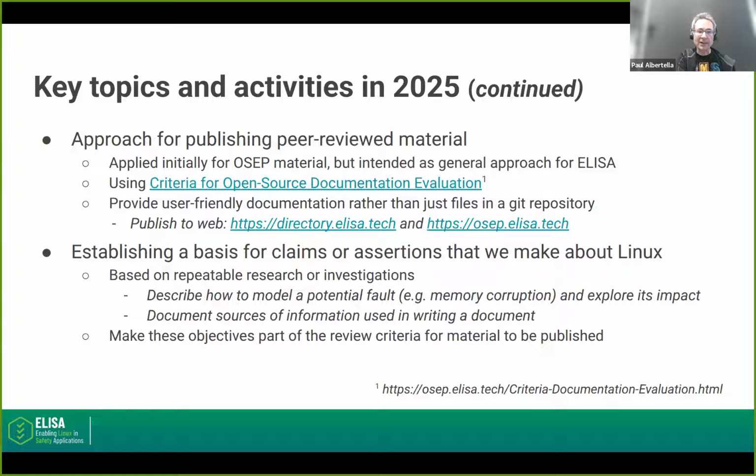So making those objectives, this idea that it needs to be repeatable research or an investigation that's clearly specifying what it's trying to do and documenting the sources of information that are used, needs to be part of the review criteria as well. Now, you'll hopefully think this isn't too surprising and really describes how research, particularly scientific research, is intended to be carried out, but it's useful to be clear about these things.